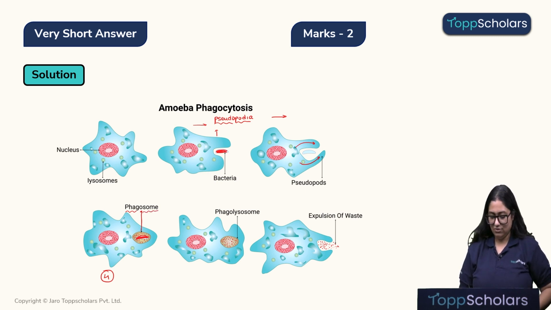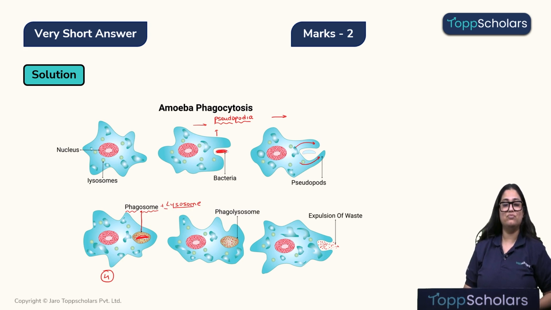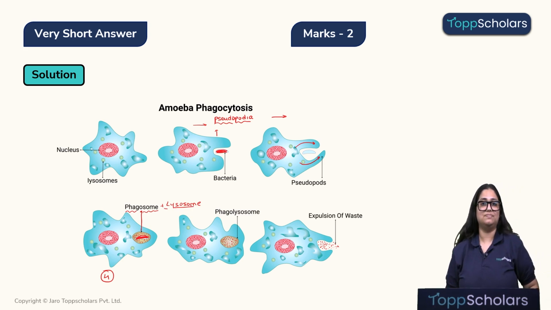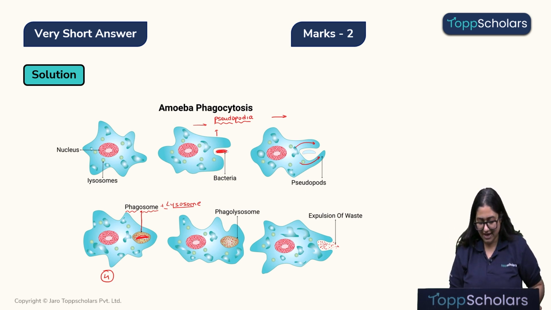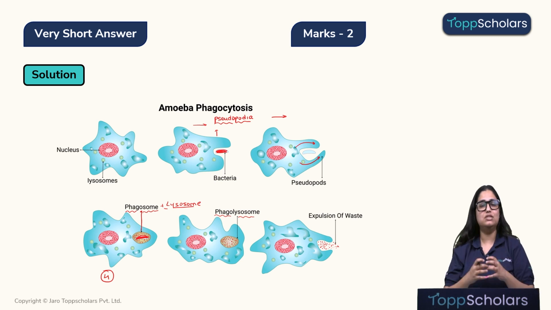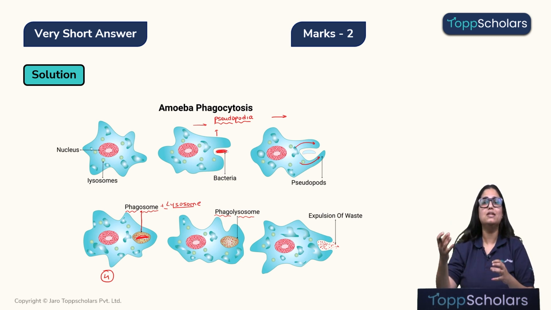Okay. Now this phagosome will further merge with a lysosome. We all know lysosome is a bag of enzymes which are digestive in nature. So once the phagosome merges with the lysosome, we get phagolysosomes, in which the food is present along with numerous digestive enzymes, which will break the food into simple substances.